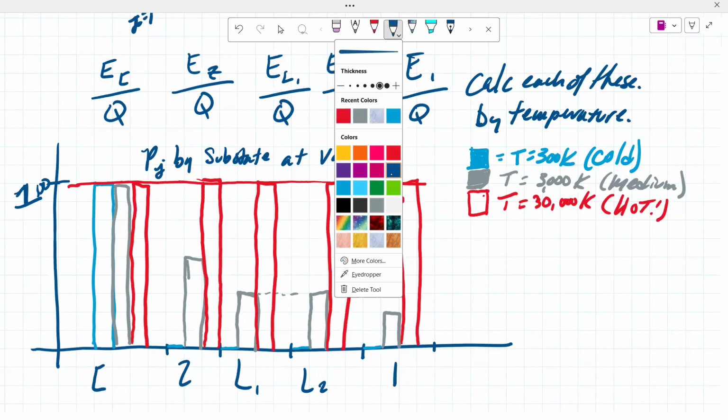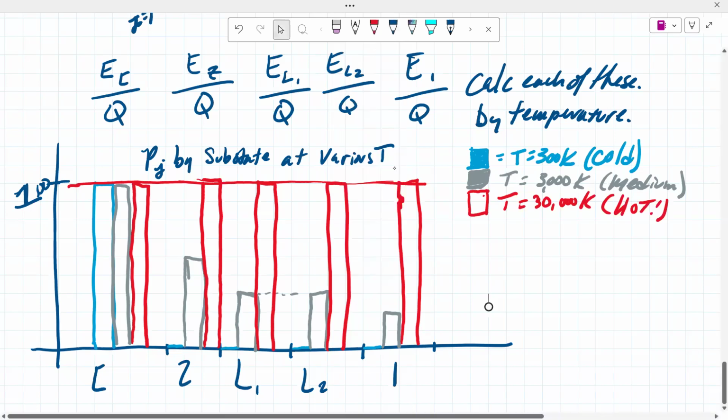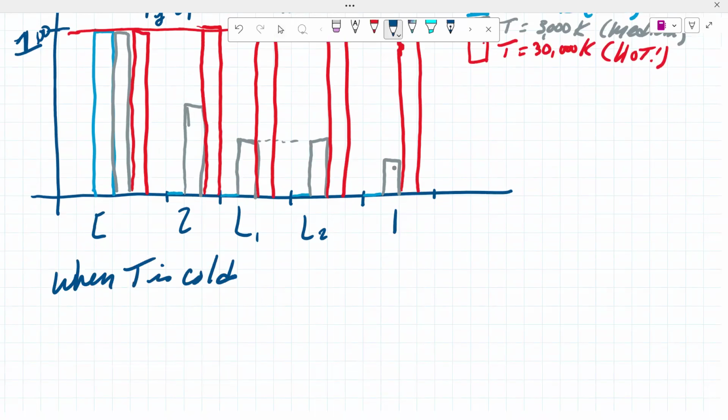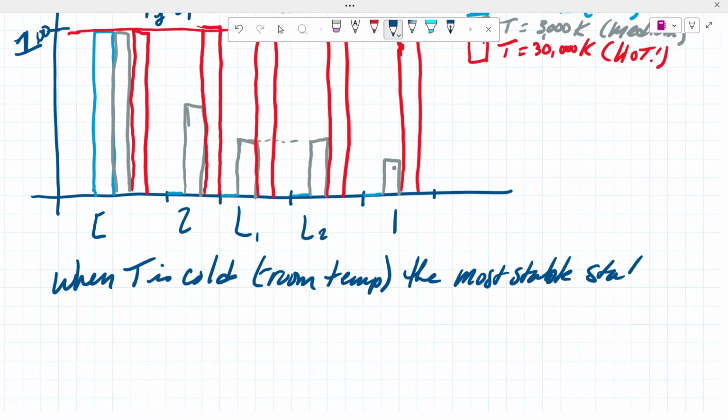So we have some lessons we need to do from this. When the temperature is low, about room temp, the most stable state dominates.